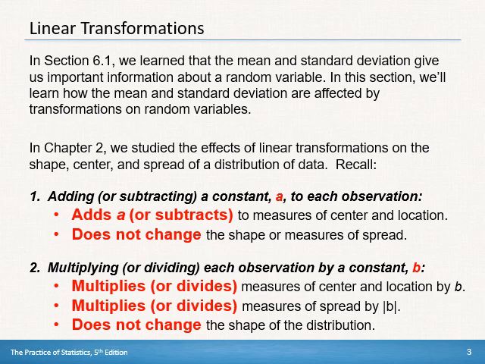And then for both of these, they did not affect the shape of the distribution. So if the distribution is symmetrical, it'll stay symmetrical. If it's skewed to the left, it'll stay skewed to the left, that kind of thing. I guess with the one caveat that if B happened to be negative, and it was skewed to the left, then now it's going to be skewed to the right, but it'll still be skewed. We honestly don't have negative B's that often.